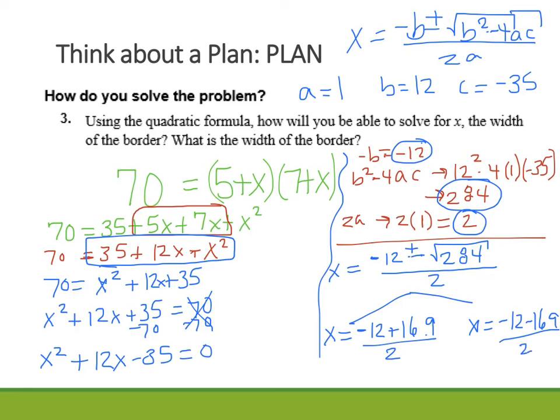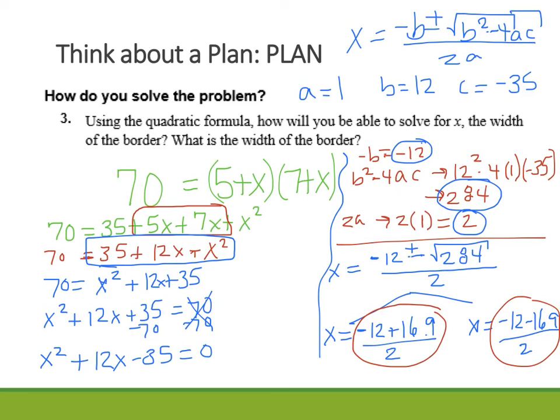Okay, now, two solutions. Again, we put these into our calculators. So if you take negative 12 plus 16.9, that is 4.9. And we would take 4.9 and divide it by 2.